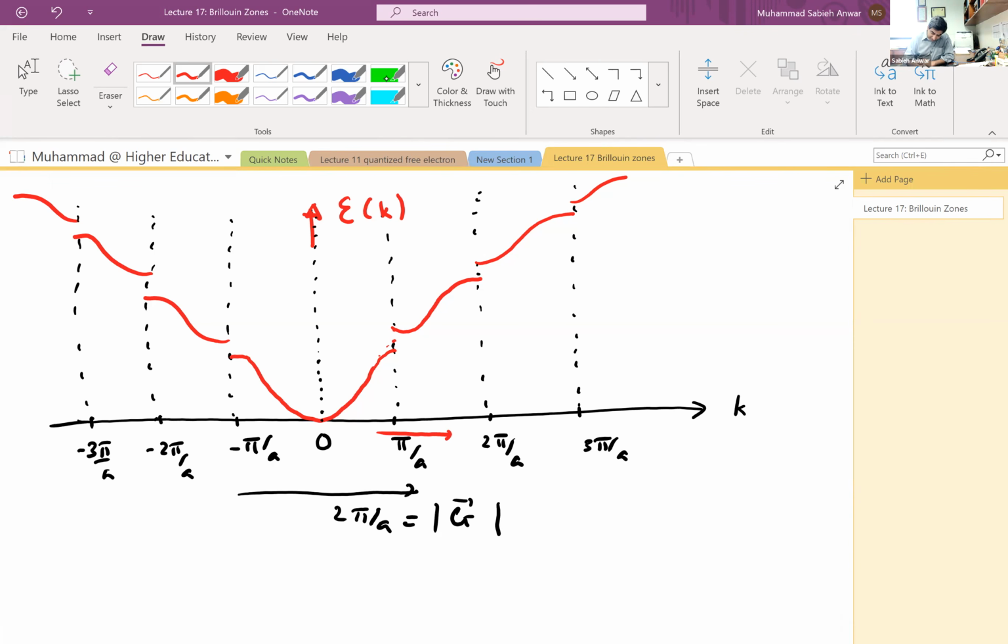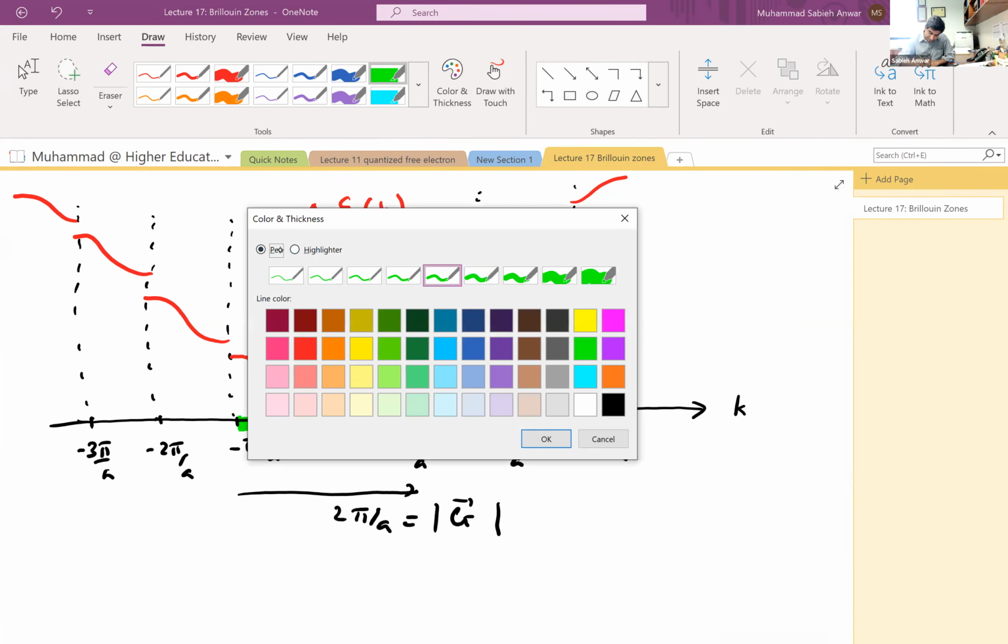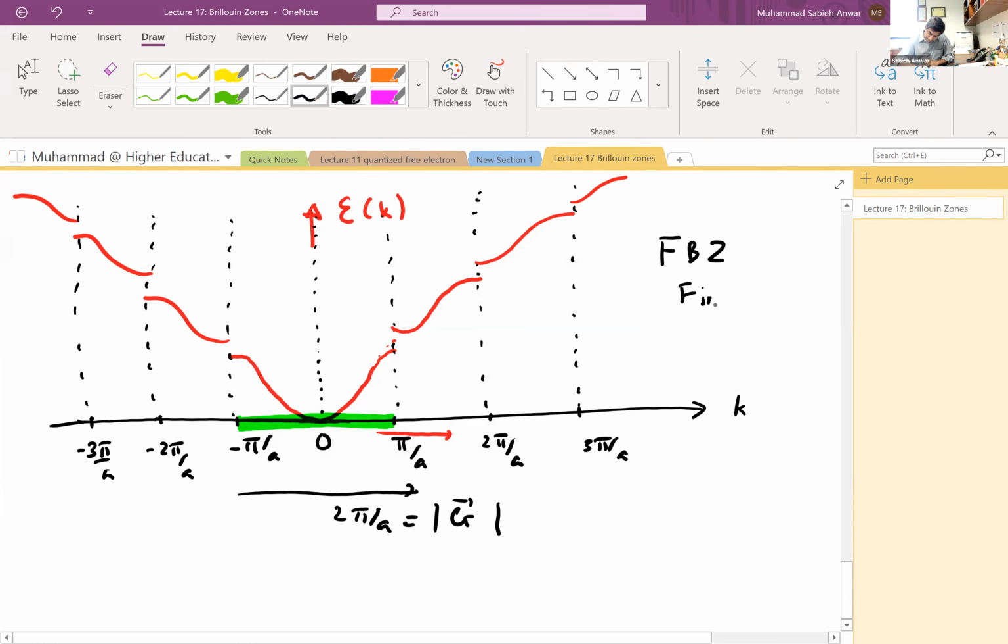This regime here from minus pi by a to plus pi by a is called the first Brillouin zone, FBZ. These points pi by a and minus pi by a are called the zone boundaries.